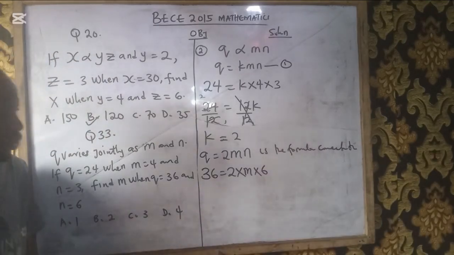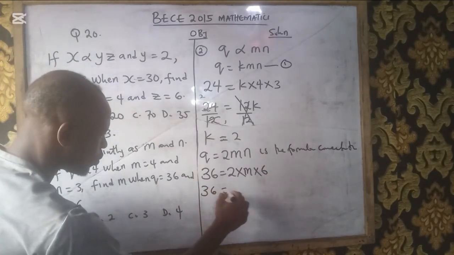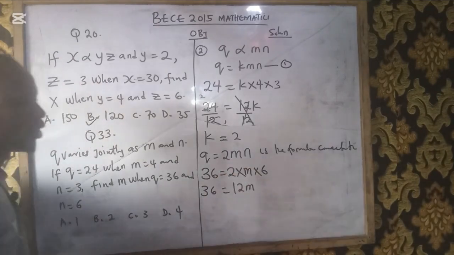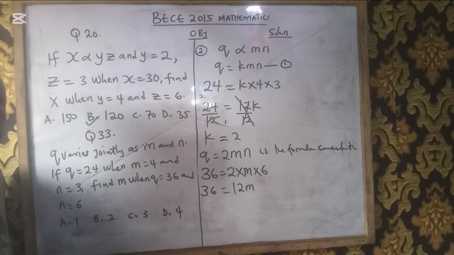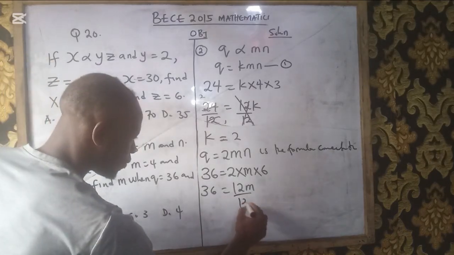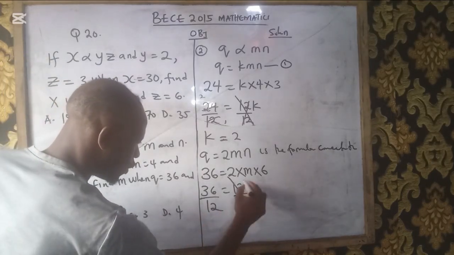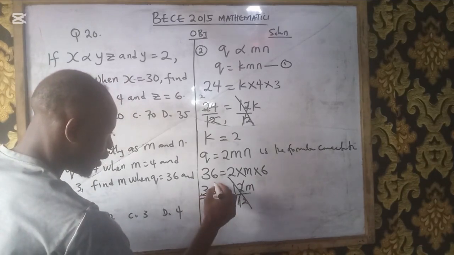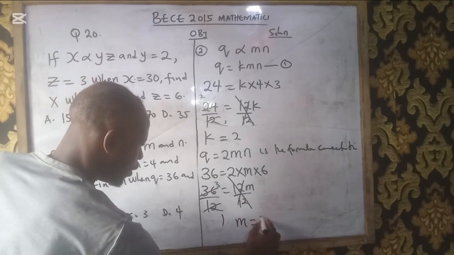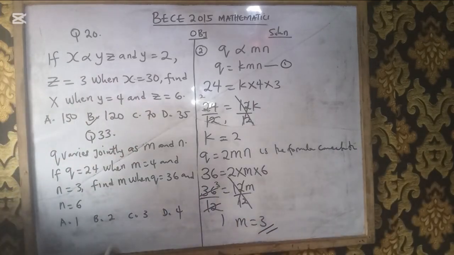Do you understand? So that's going to give us 36 equals 12M. To get the value of M, we divide both sides by 12. So the whole of this cancels out, then 36 divided by 12 is 3. So the value of M is 3, which is option C.